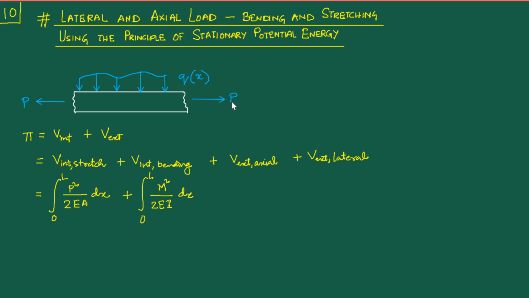So for this, it will be P times the displacement at x equal to L, and this one will be P times, so we have to be careful about the algebraic sign here. So this will be minus P if we consider the x direction to be like this, then this will be minus P times the displacement at x equal to 0.